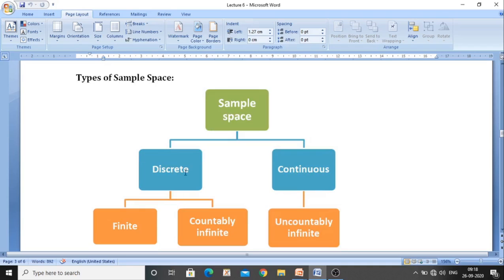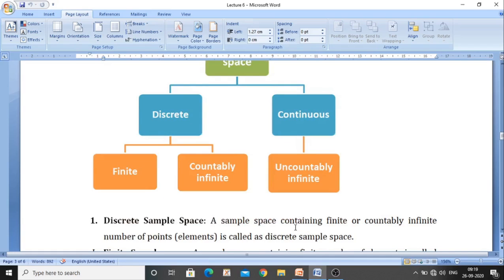Now what is meant by discrete? Discrete is divided into two categories or two types. First one is finite sample space and second one is countably infinite sample space. And continuous is nothing but uncountably infinite sample space. Now let us know one by one what is meant by discrete and continuous.